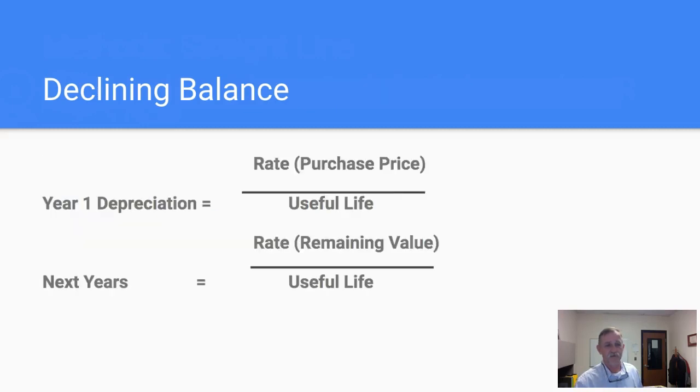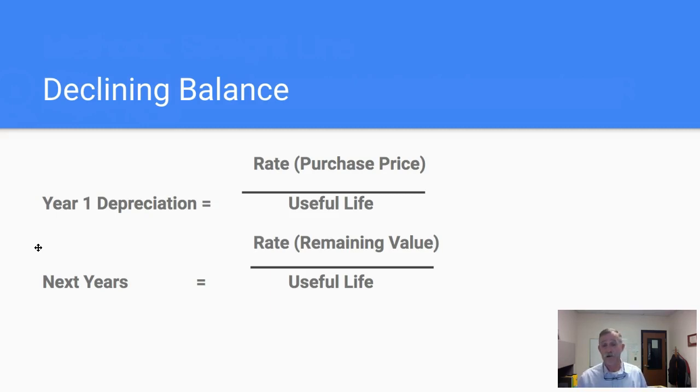Okay? So let me give you the calculations using a declining balance or an accelerated version of the declining balance. In year one, we're going to take the rate, that's either 2, 1.5, 1.25, or 1, times the purchase price, and then we're going to divide it by the useful life. Okay?